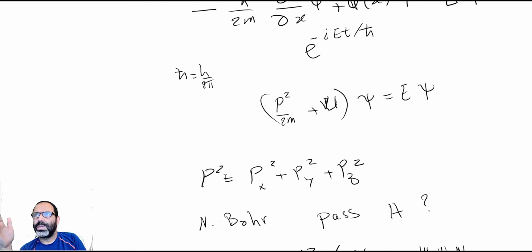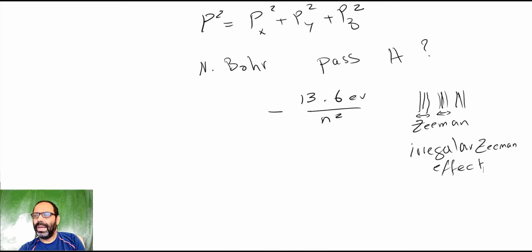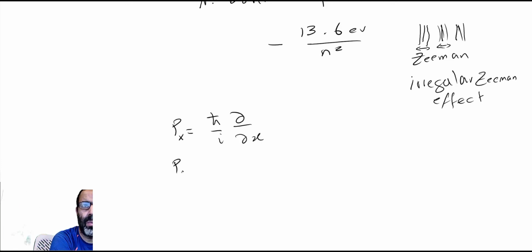The position is just transcribed as a normal position, which is nice because then the potential retains its form. The momentum, though, becomes the derivative operator with respect to the corresponding variables. So, for example, px as an operator, the component in the x direction for the momentum, becomes simply h bar over i, the partial derivative with respect to x. The same thing with py, which is h bar over i, the partial derivative with respect to y, and pz with respect to z.